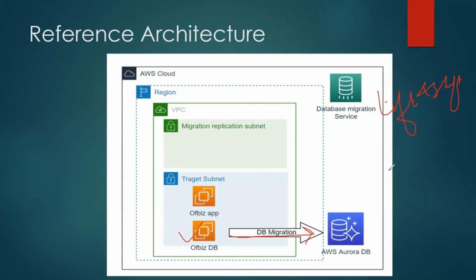But later on, to leverage the AWS cloud benefits, we need to modernize the infrastructure also. As a part of modernization, we will migrate the database running on the EC2 instance to an AWS managed database, so that we need not worry about DB operations, high availability, or backup of the database. All those things can be taken care of by AWS managed services.